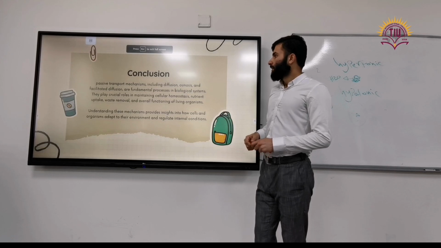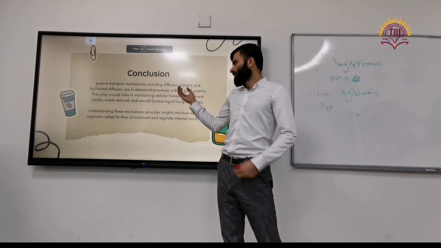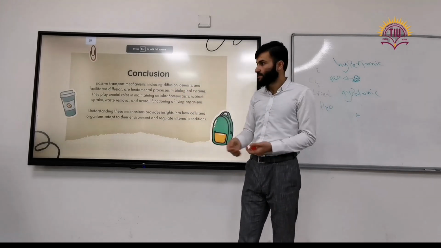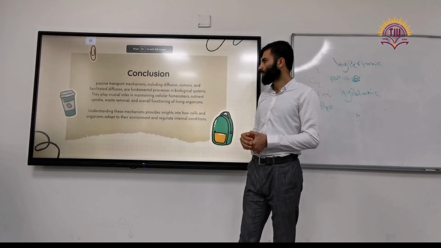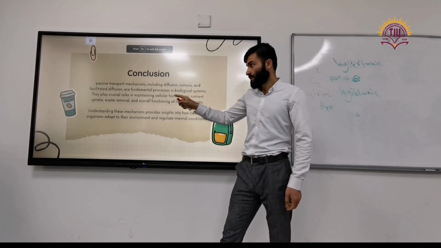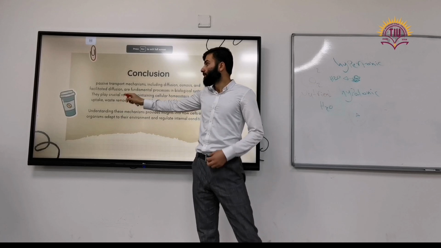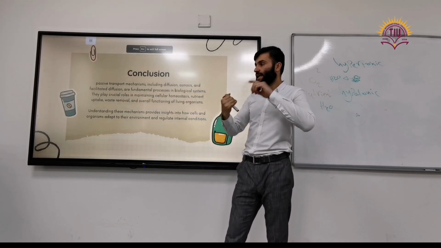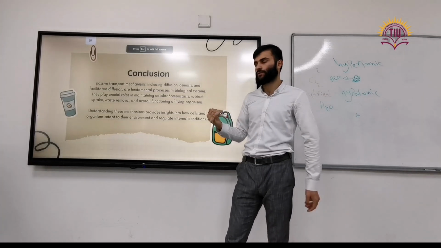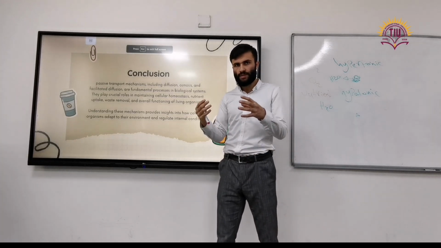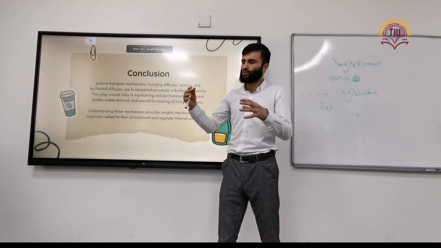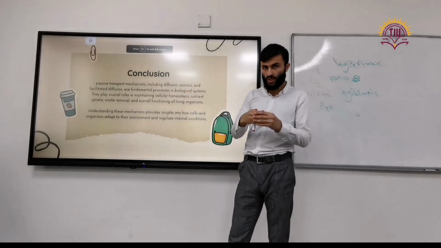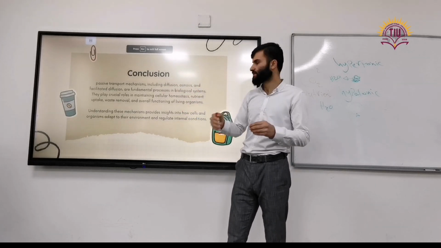Of course, this is the fundamental process in biological systems, and they play a crucial role in maintaining cellular homeostasis and nutrient uptake. Of course, we need the plasma membrane, we need this process to uptake the nutrients from outside to the inside.